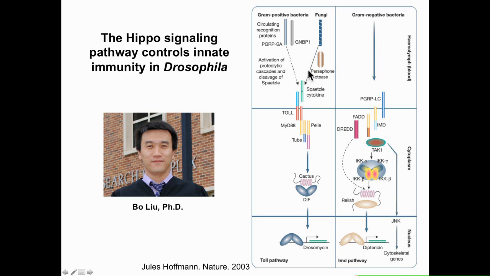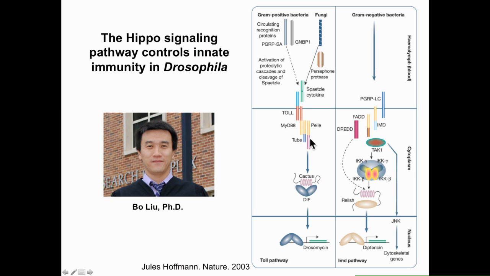This pathway involves very complicated extracellular signaling events, which lead to the activation of a ligand called Spätzle. Once it's activated, Spätzle can bind to the Toll receptor, and the Toll receptor then initiates a signaling cascade, which involves several adapter proteins, such as MyD88 and a kinase called Pelle.